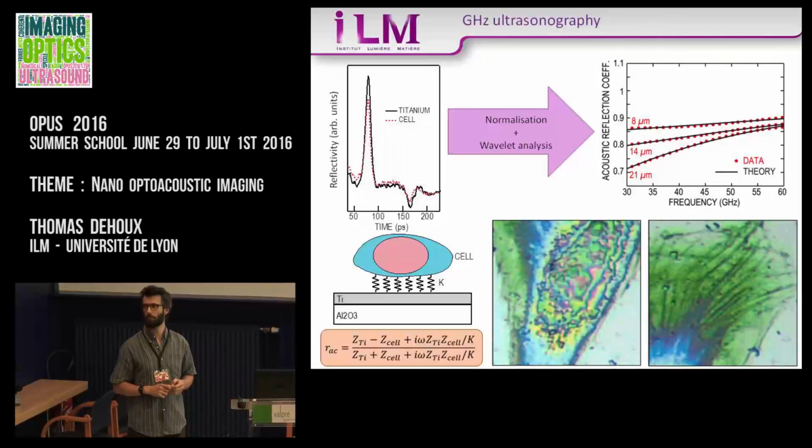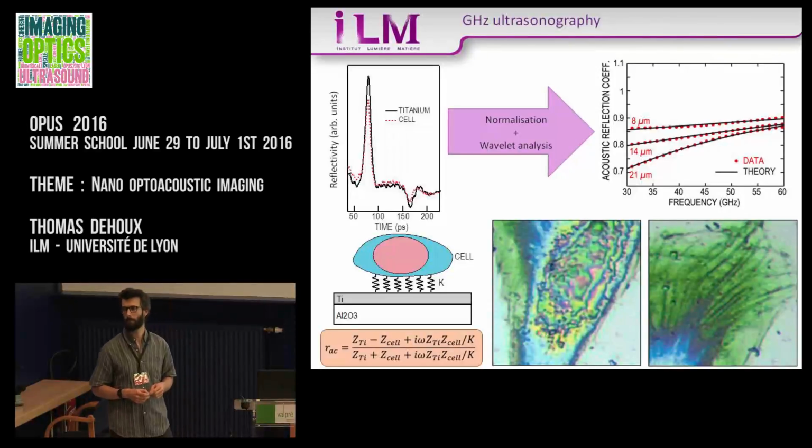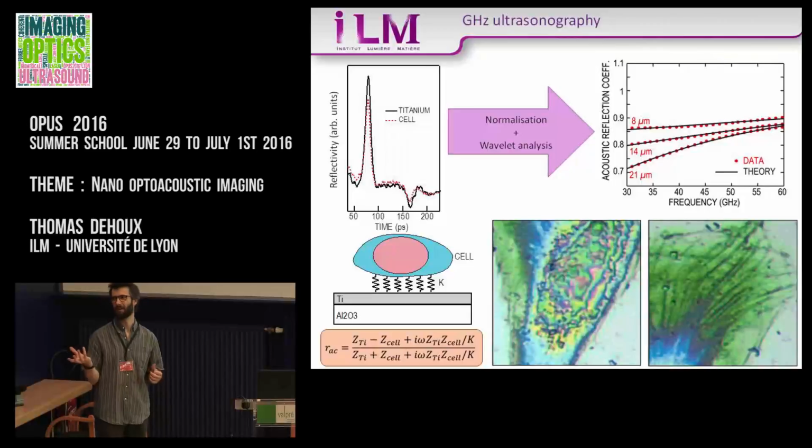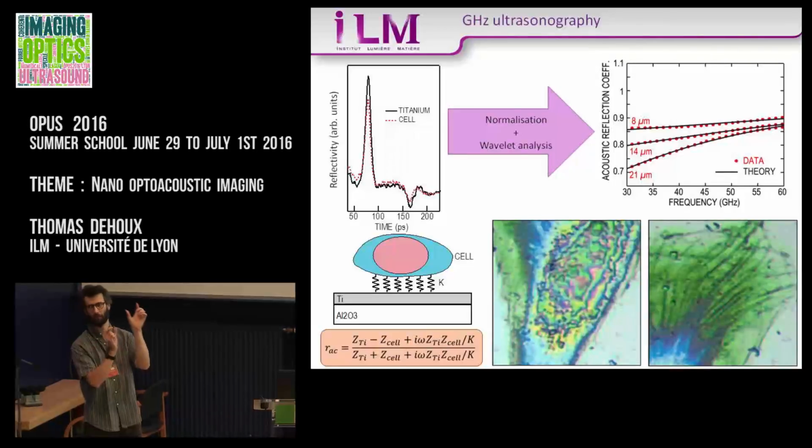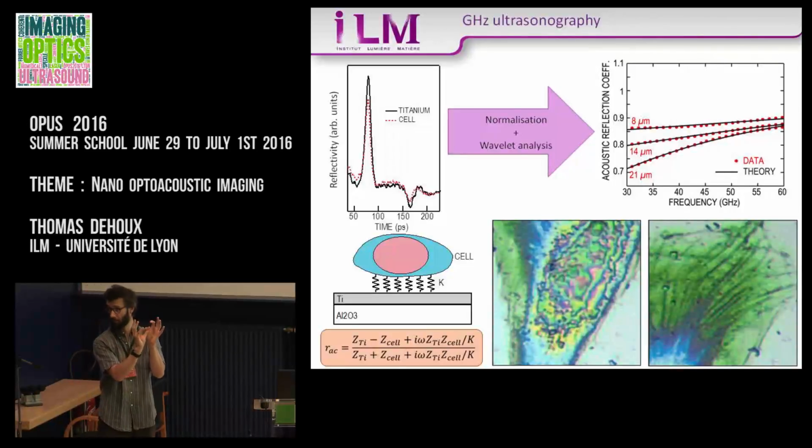Maybe in the next step you could excite everything which is colored in the cell, like in optoacoustic imaging, and then look at how the waves propagate, but I think it will destroy the cell. I think some people are onto it. That's the idea. If you're able to design a transducer that is small enough, potentially a transducer that you can put inside the cell.